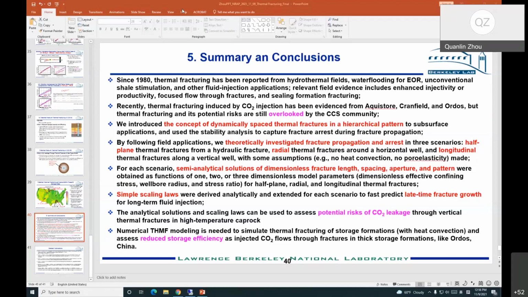For those, the temperature is just 52 degrees C, but they sometimes injected liquid CO2 at minus 15 degrees C. That is the contrast between the injected CO2 temperature and the reservoir temperature. That is the key.